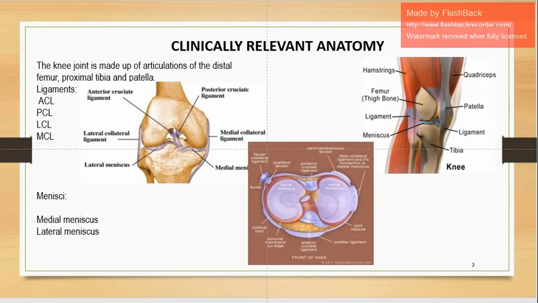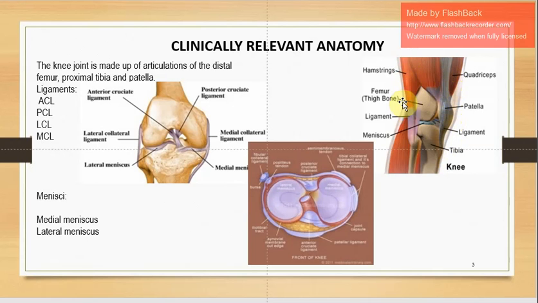Now the clinically relevant anatomy. The knee joint is made up of articulations of the distal femur, proximal tibia, and patella. The ligaments are mainly, as I said, the ACL, PCL, LCL, and the MCL. There are two menisci, medial and lateral. Already we have seen the menisci in the previous class. In this picture you can see the quadriceps muscles, the hamstrings, the quadriceps tendon, and the patella, which becomes the patellar tendon or the patellar ligament, and this is the tibia.